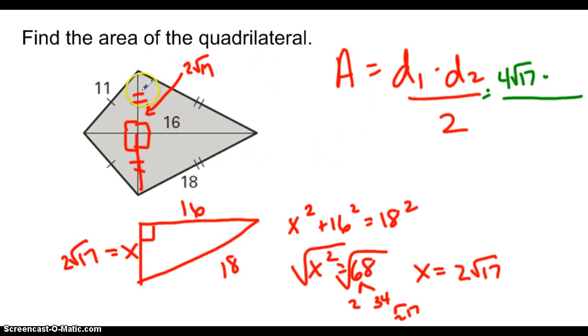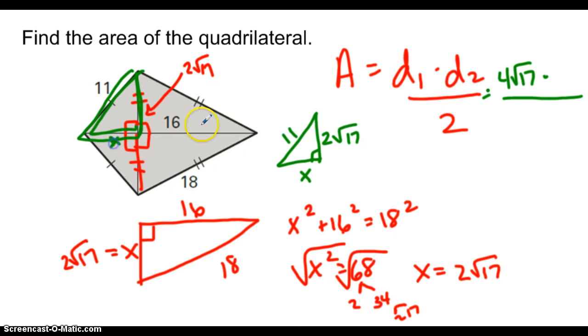Now that we know that that's 2 root 17, let's find that other piece of the diagonal that's missing. I drew that green right triangle a little messy, so let me draw it nicer here. I know that the hypotenuse is 11, and we're going to use our new value of 2 root 17, and we need to find that little piece there.